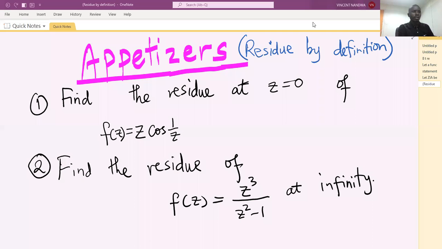Welcome to this session. In this class, we're going to discuss two problems on determination of residues of a function from definition. Our first function is f(z) = z cos(1/z), and we have to determine the residue at the point z = 0.